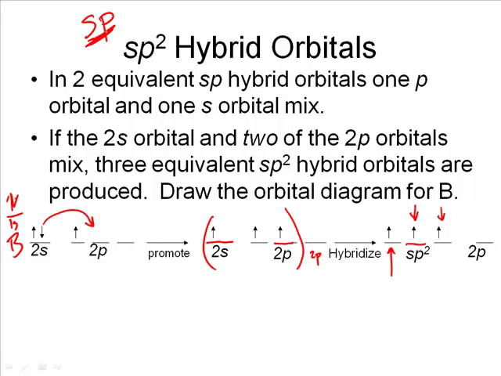This one was just called sp because we took the 2s and one of the 2p, so this one and this one, and we put them together. So it's sp2 hybridized, and therefore, number one, again, the energy levels are equivalent. Therefore, they can bond with other atoms at the same energy level, and it can form three bonds.